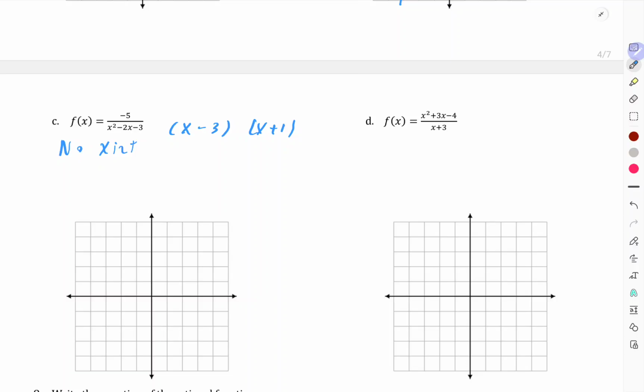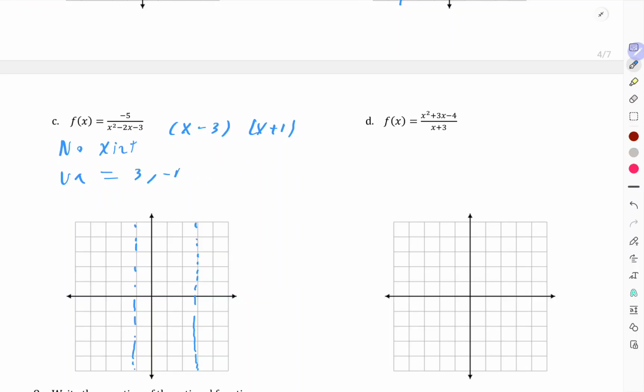So right now we're putting our asymptotes in check. VA equals 3 and negative 1. So we got our 3, and we got our negative 1, which is down here.